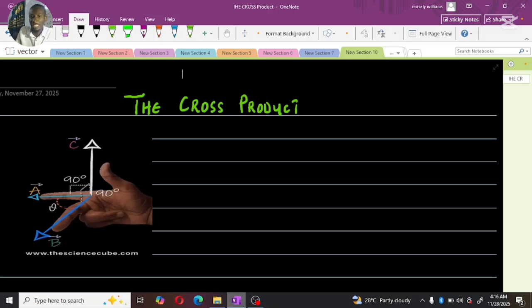This vector C is what? A vector that is perpendicular to both vector A and vector B. I hope that is clear. Very good.